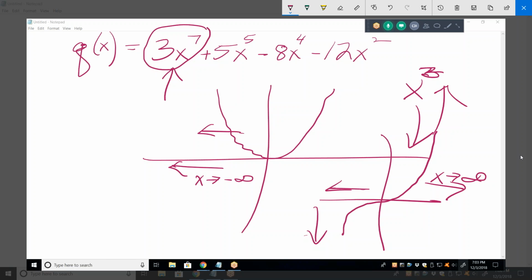So that's really all you need to do: substitute negative infinity or positive infinity, pretend that it's a variable or a number, even though we know it's not. If you take negative infinity and you cube it, you still get negative infinity, but if you square it, you get positive infinity. So that's basically the way it works.